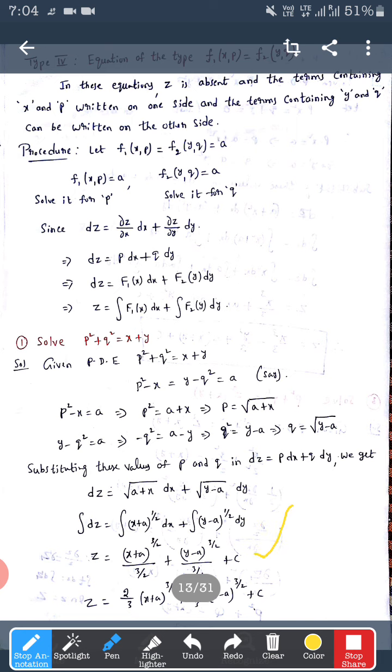This becomes z is equal to x plus a whole power of 3 by 2 by 3 by 2, and y minus a whole power of 3 by 2 by 3 by 2. After simplifying this, we get the solution z is equal to 2 by 3 x plus a whole power of 3 by 2 plus 2 by 3 y minus a whole power of 3 by 2 plus c. This is the solution.